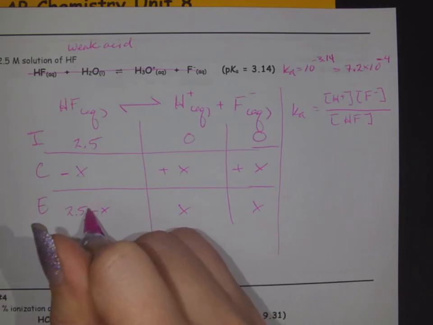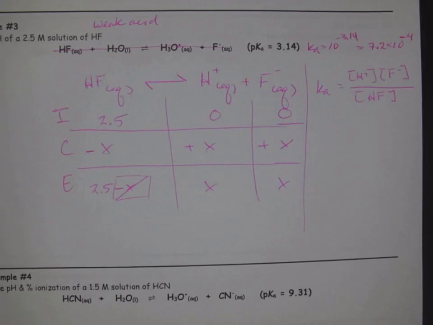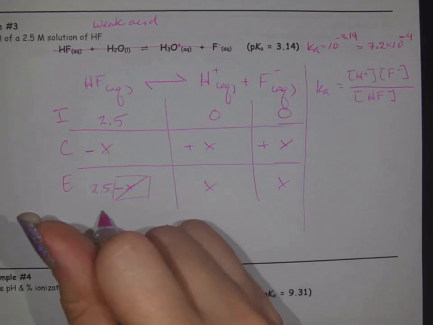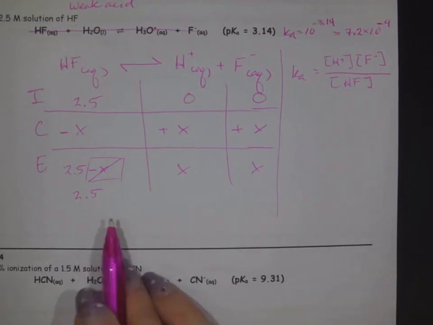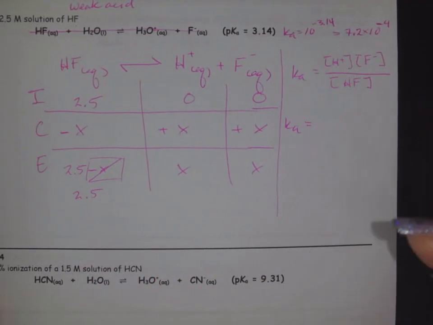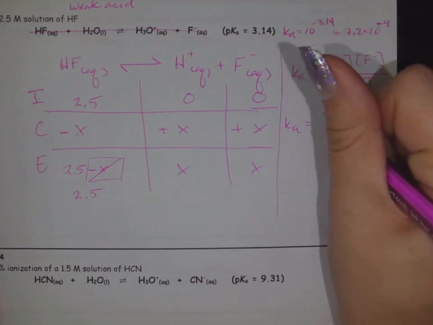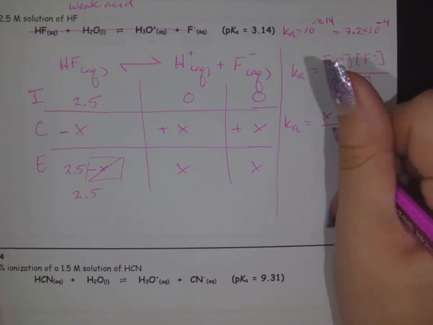So 2.5 minus a really small x is essentially 2.5, and then we can plug that in. Instead of H+, we can do x. Instead of F, that would be x divided by 2.5.